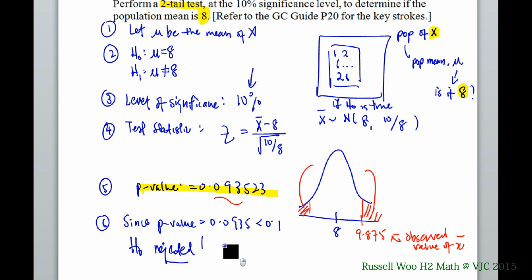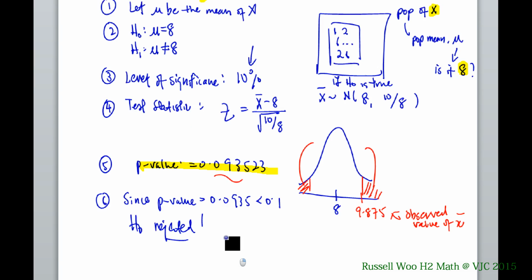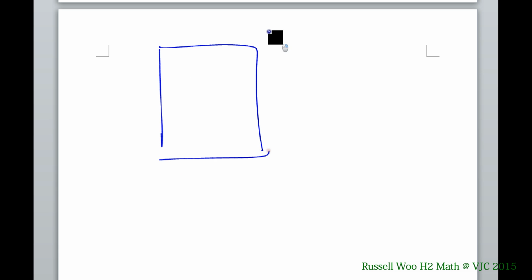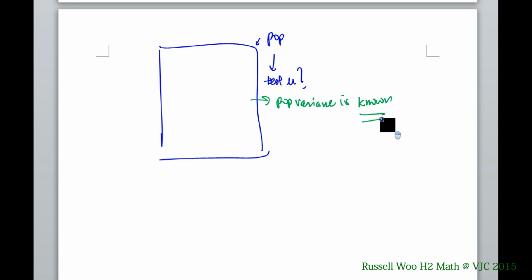Okay, good. Now we go to 4.2. Next, I think it's page 13. Okay, 13. In all your questions so far, you have your population. You want to test your mean, and most of the time, in your examples, the population variance is known.